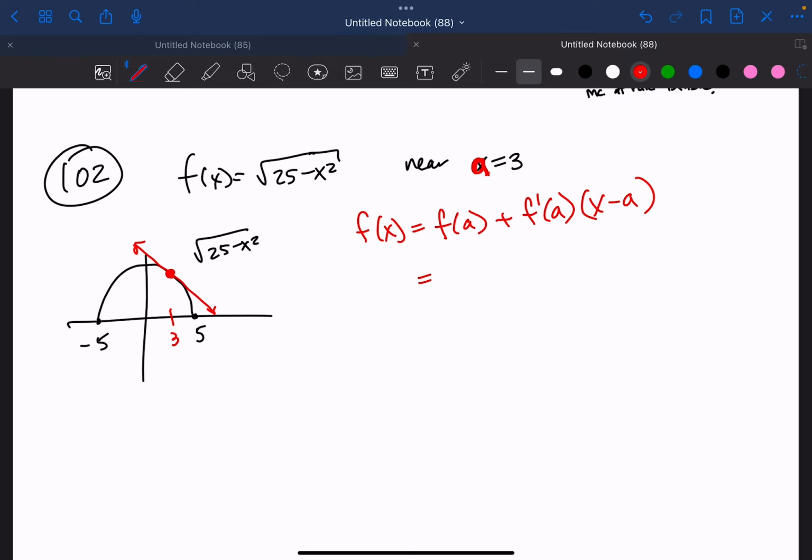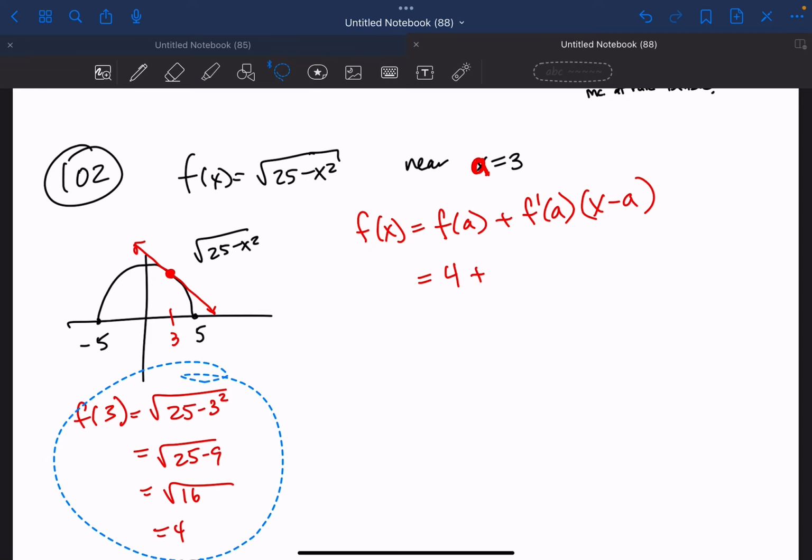So f at a, in this case f at 3, is equal to the square root of 25 minus 3 squared. So that's going to be 25 minus 9, which is square root of 16, which is 4. So this is 4 plus, we now need to find the derivative.